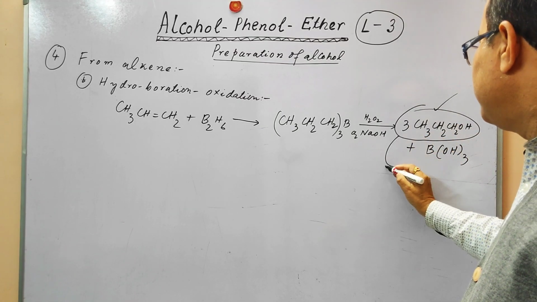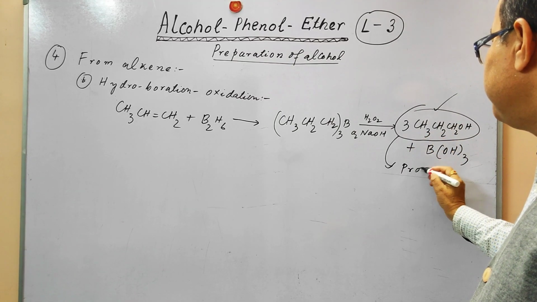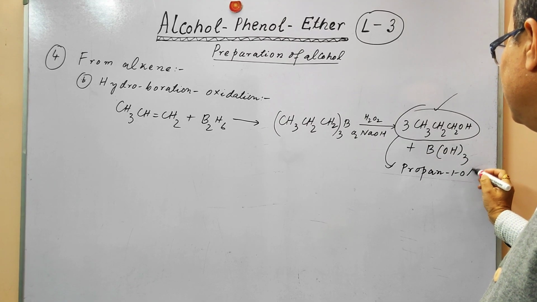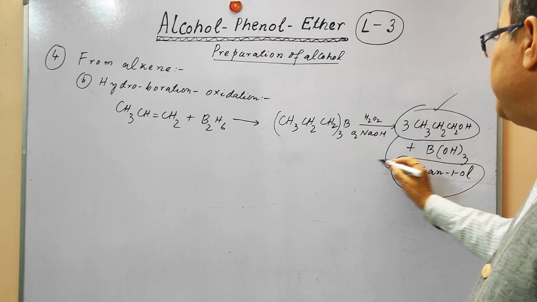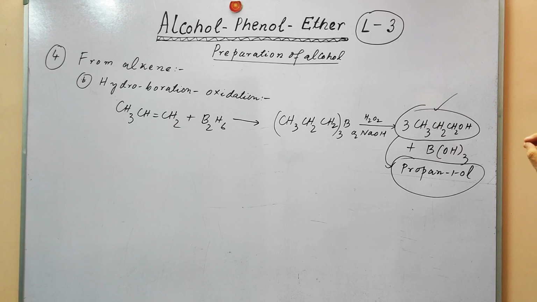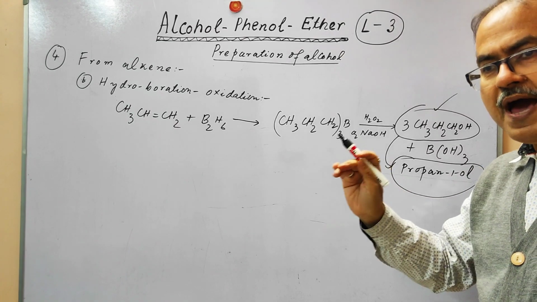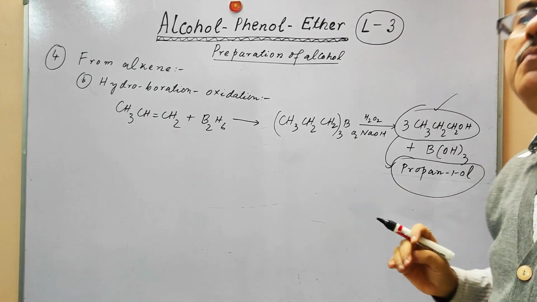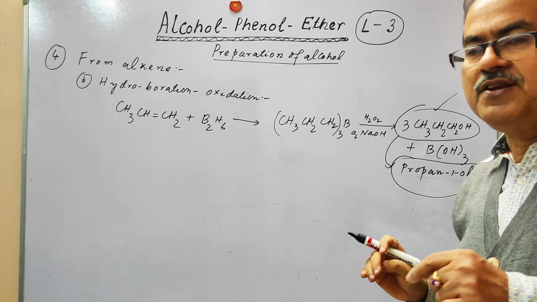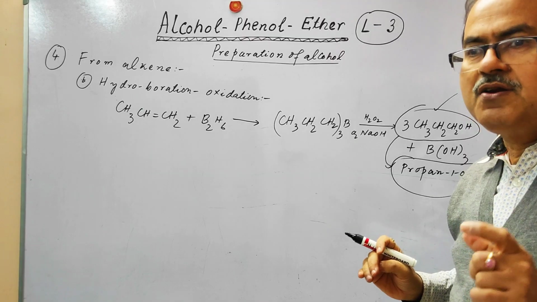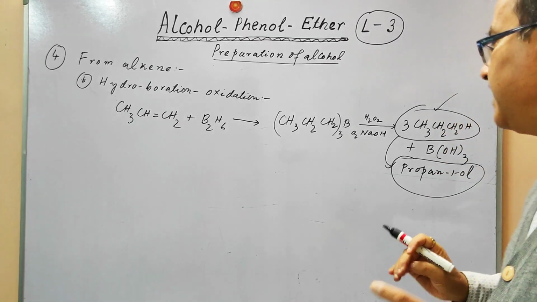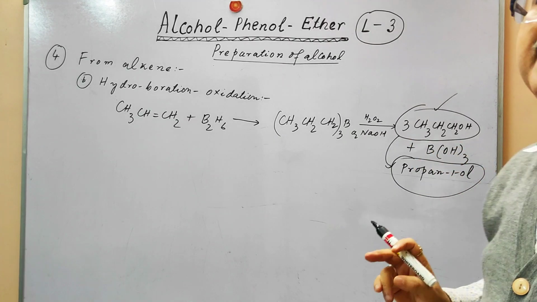In this case we have been able to prepare propan-1-ol. So it can be perceived as the addition of H2O in an anti-Markovnikov way. In the first, acid hydration, you can see the addition of H2O is as per the Markovnikov way. Here it is as per the anti-Markovnikov way.